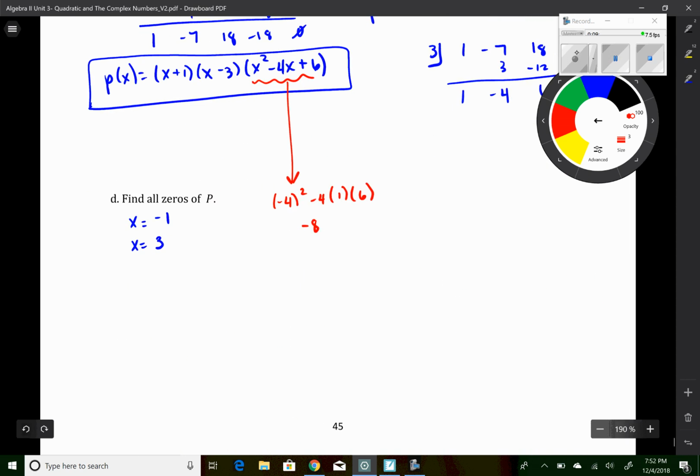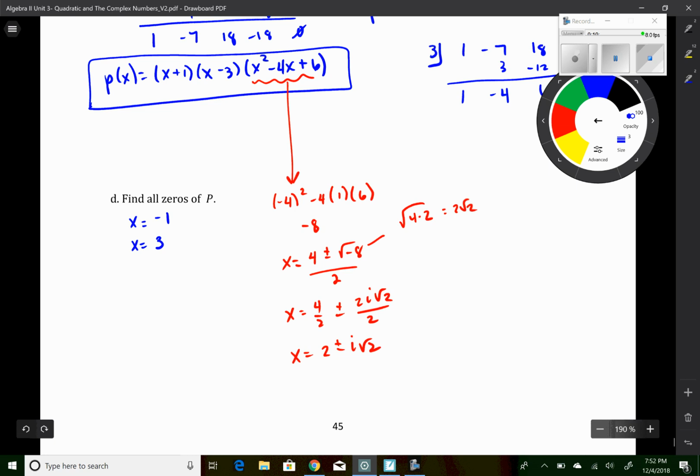So if I plug into the rest of the quadratic formula, I have negative of negative 4, so positive 4, plus or minus square root of negative 8 all over 2 times 1. So I have x equals 4 halves plus or minus square root of 8. Square root of 8 is 4 times 2, so that's 2 square roots of 2. So that's going to be 2i square roots of 2 all over 2. Or x equals 2 plus or minus i square roots of 2.